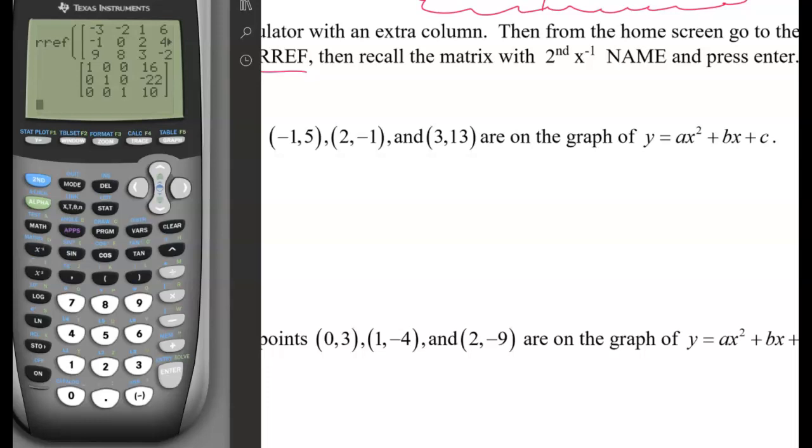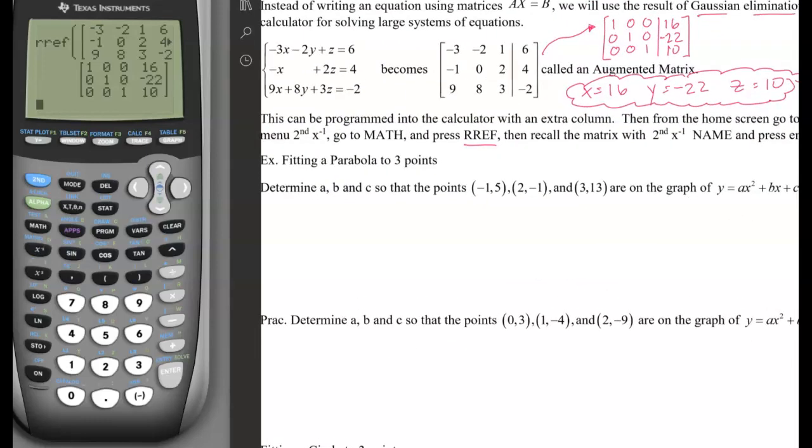Yeah, X and Y. So what I'm going to do is take each one of these individual points and create an equation, inputting the values for X and the values for Y, keeping A, B, and C as variables because those are the variables I'm trying to solve for. I'm not trying to solve for X and Y, I'm trying to solve for A, B, and C.